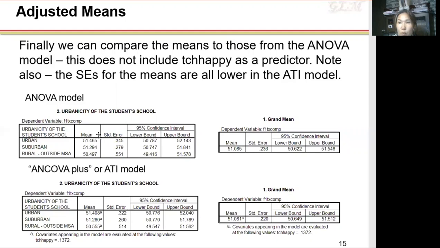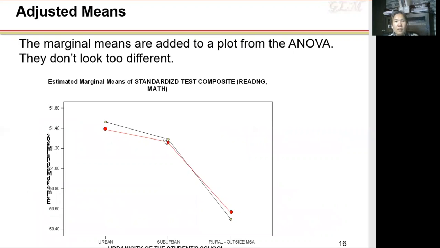So regardless of group mean, you average them and you have this grand mean. And marginal means are added to a plot for the ANOVA. They don't look too different. They are similar.